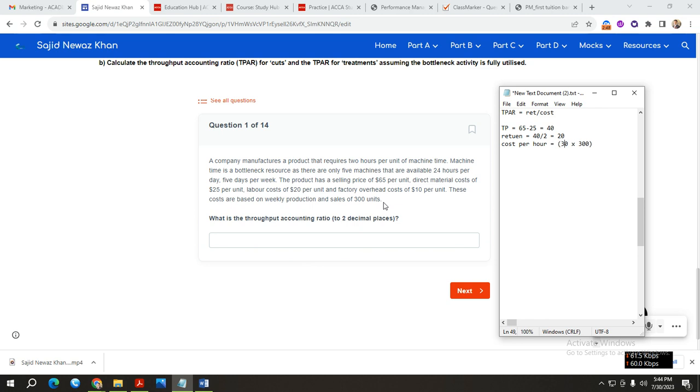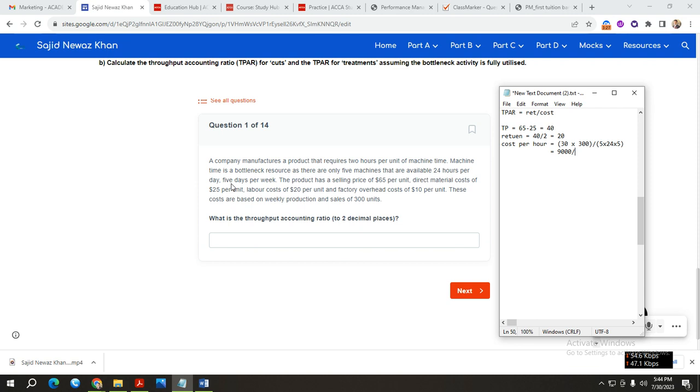And in every week, how many hours do we have of our bottleneck resource? If we look at this, we have 5 machines, 24 hours per day, 5 days a week. That's 5 machines into 24 hours a day into 5 days a week. So if you do this, our total other costs is 9,000, and this is 25 into 24.